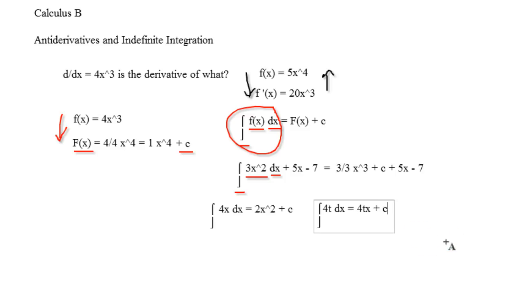So there's some interesting things when working with this. You do have to pay attention to letters. It doesn't matter which letter you pick; you could have dw and w here and just work that way. But when you're using a different letter, like a t or a w with dx, you're going to treat that as a constant.